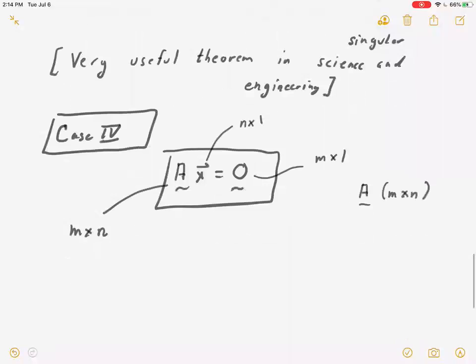And solutions to systems of linear equations that meet this form, we've looked at in some detail before.